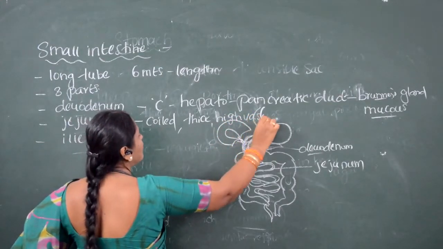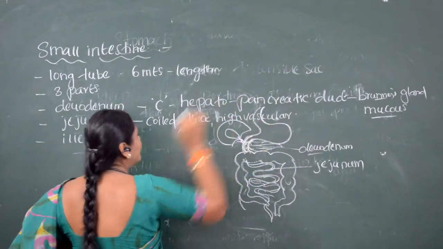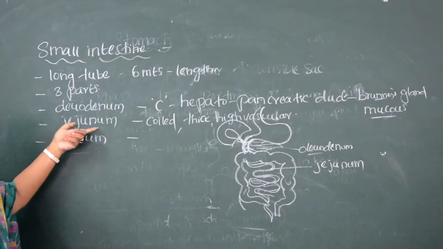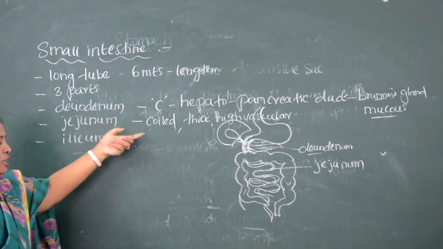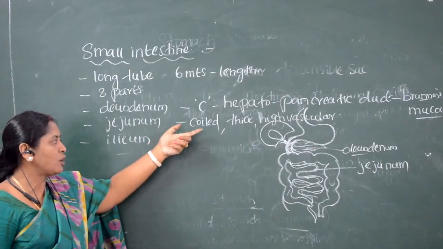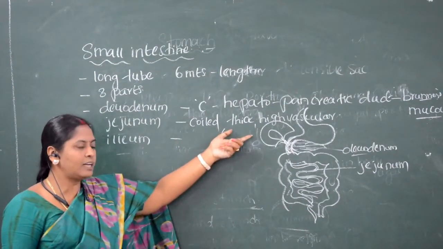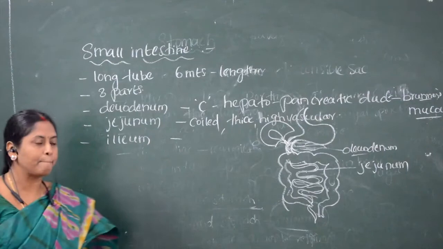Highly vascular means more blood vessels are present in the jejunum. So the second part in the small intestine is the jejunum, a coiled, thick, and highly vascular tube.